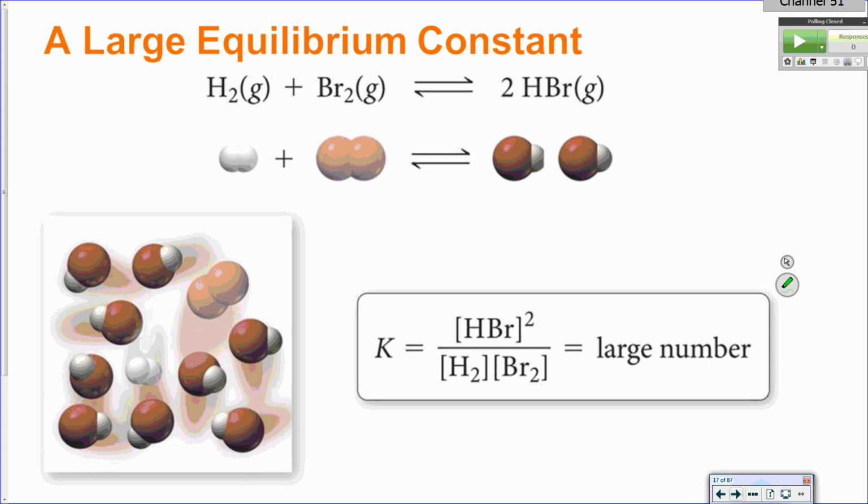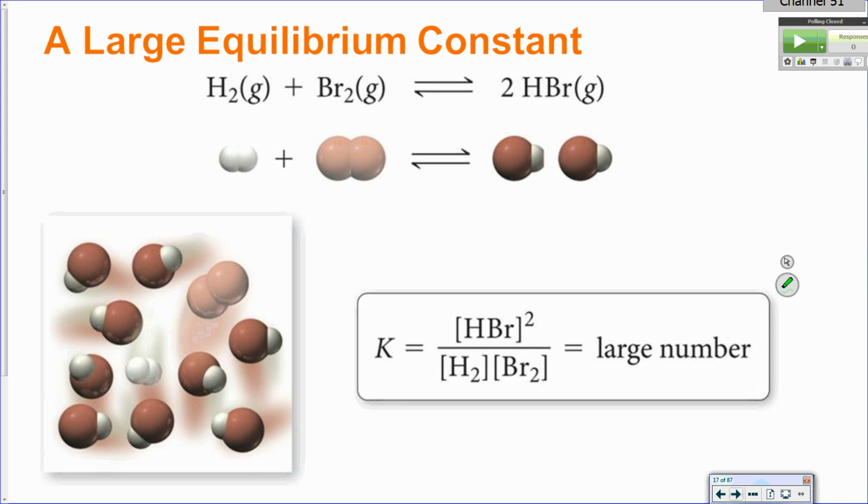So here's an example of something that has a large equilibrium constant in the forward direction. This is H2, hydrogen gas, plus Br2, bromine gas, yields 2 HBr, hydrogen bromide.